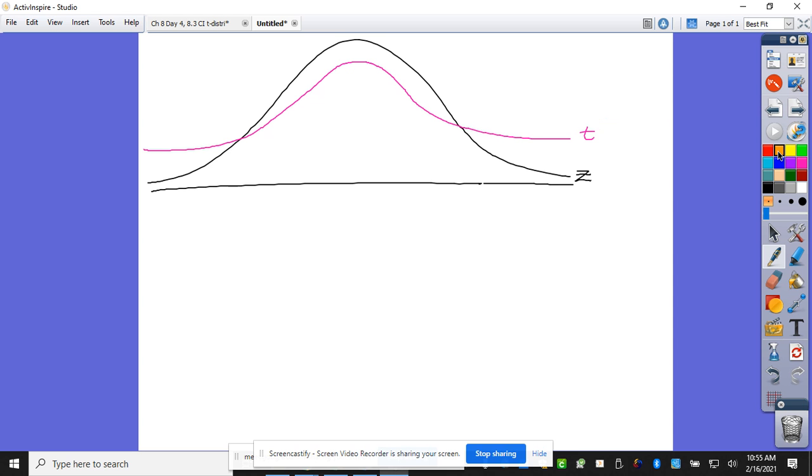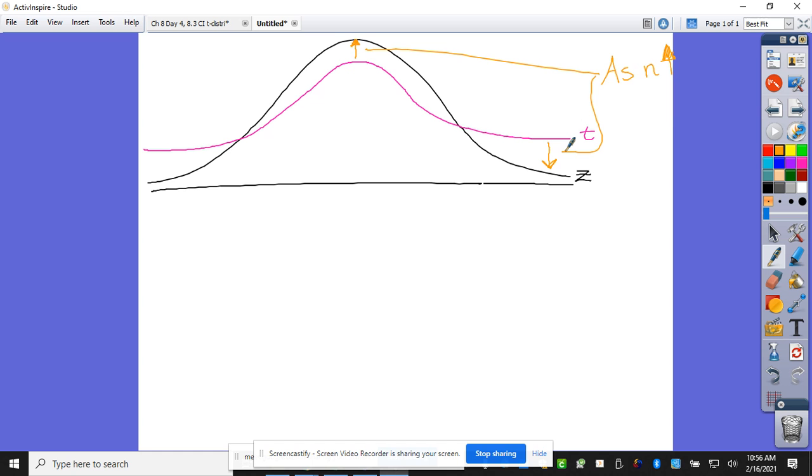So as your sample size increases, this gets lower and this gets higher. So as your sample size increases, it gets closer to the z here, which means the tails get lower.